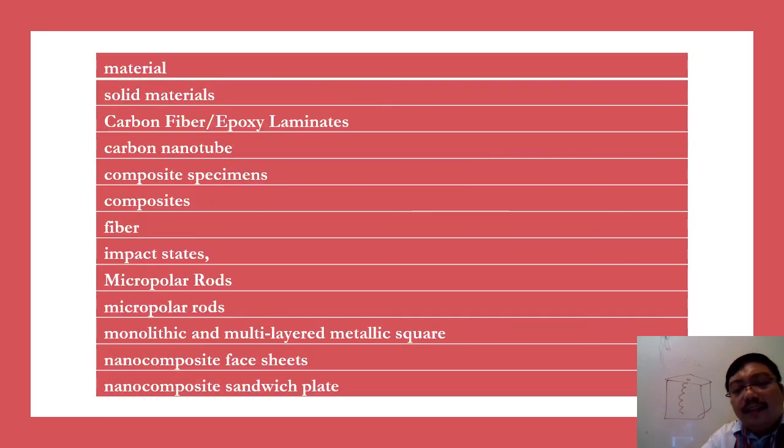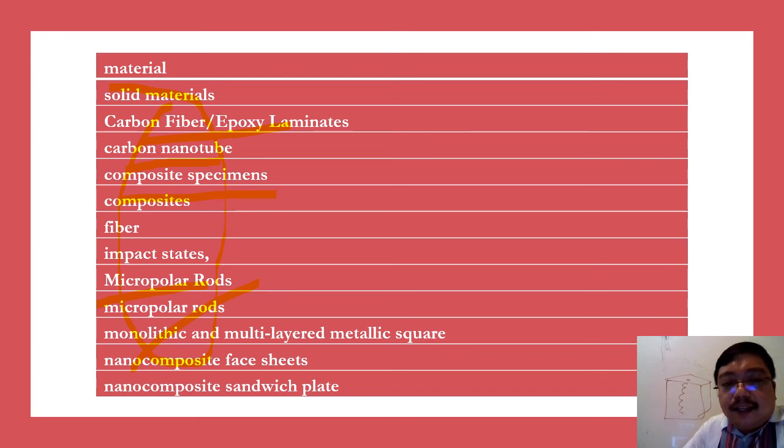And these are the materials that have been studied: solid material, carbon nanotube, composite fiber. There are many more. I put them in the article at the end of the video.